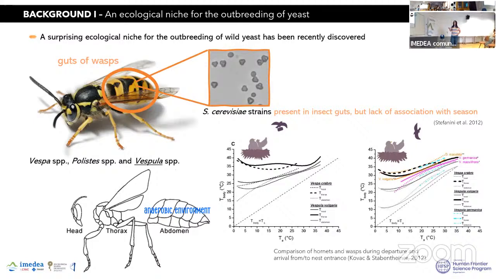And they saw that in the abdomen, the temperature was approximately between 15 and 40 degrees. That's why these were the temperatures that we were testing in our experiments.